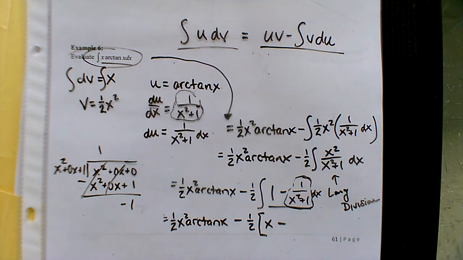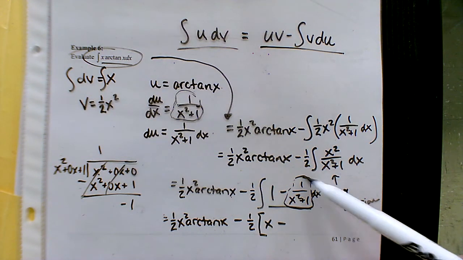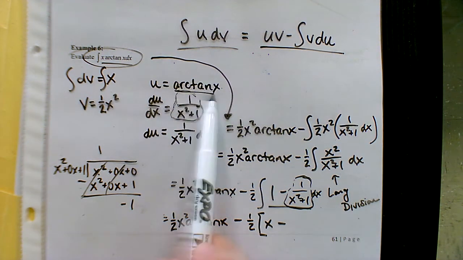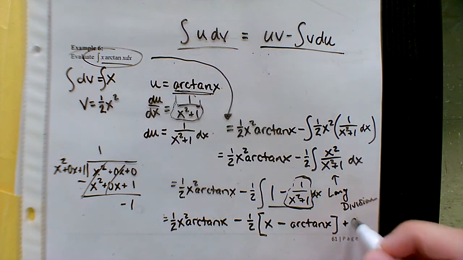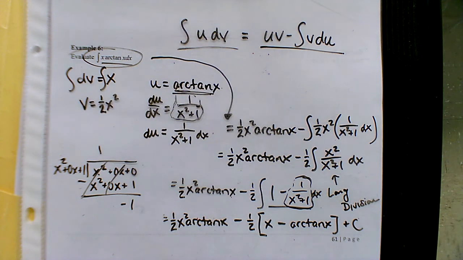What could you take the derivative of that would give you this? We'd have arctangent. And then the plus c on the end. So you could leave it like that. If you wanted to distribute in the 1/2, you could. Okay, but there's our antiderivative using by parts.